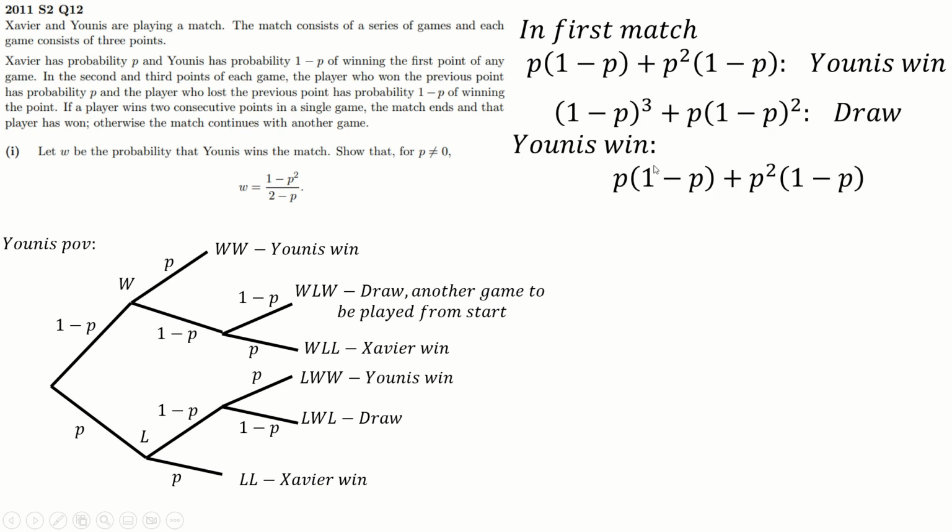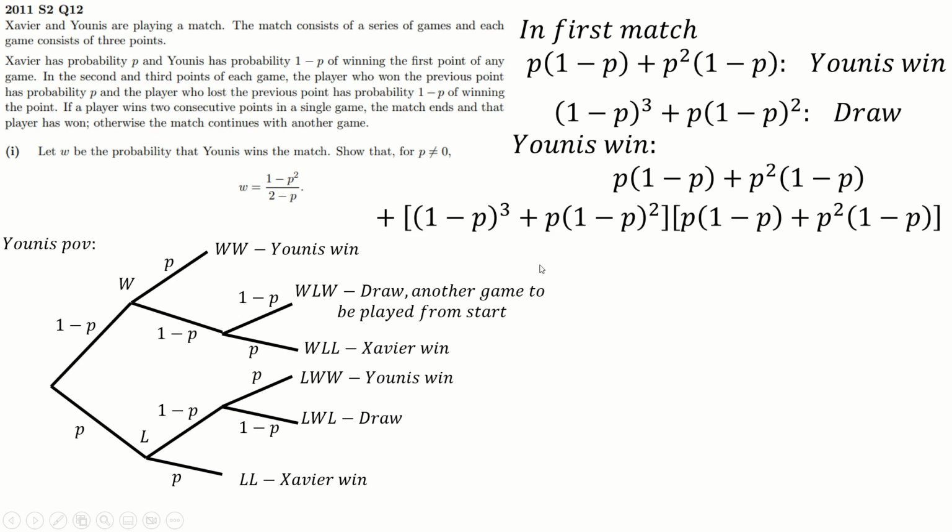So this here is the chance of him winning the first game, or the first match, on the first try. Then this here is the probability of them drawing the first game, which are those 2 draw branches added together, times by the probability of him now winning that replayed game. So it goes draw, then win. Except he could also, of course, draw, then draw, then finally win.